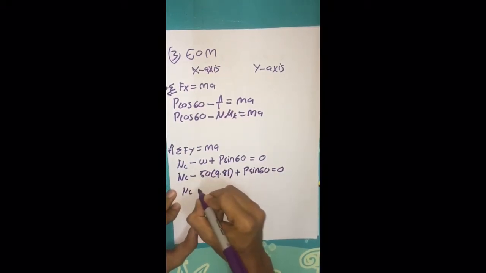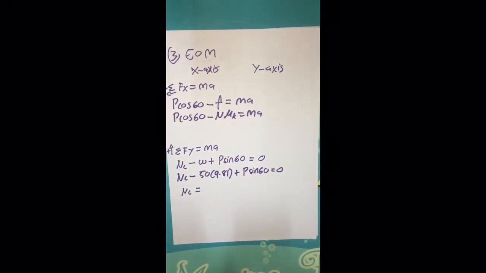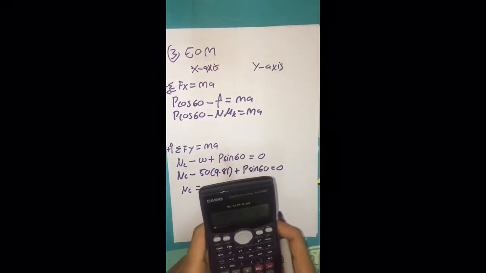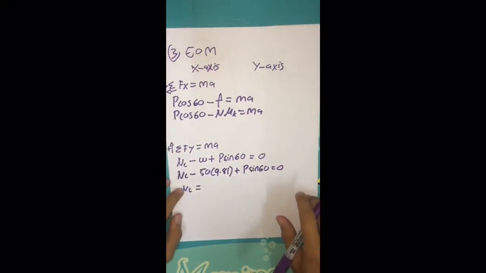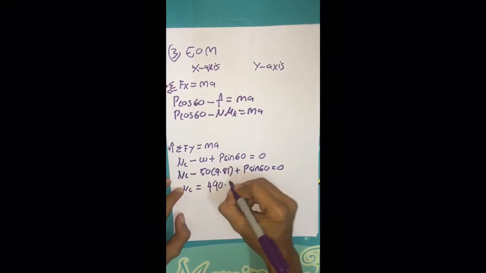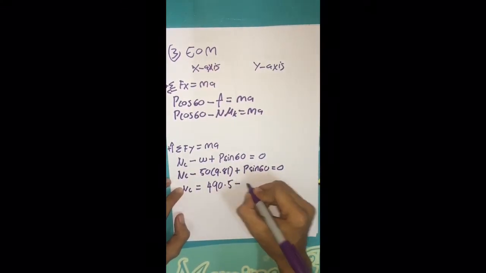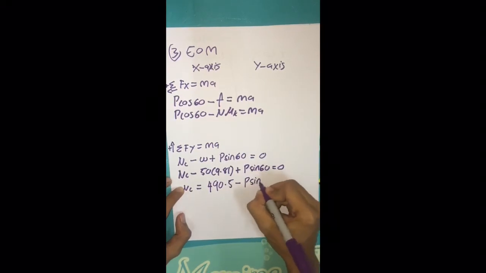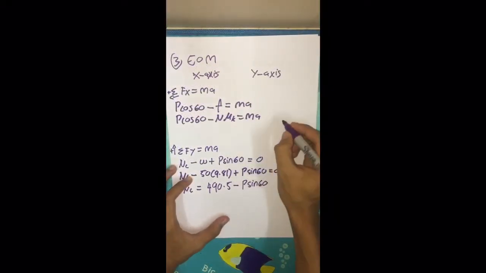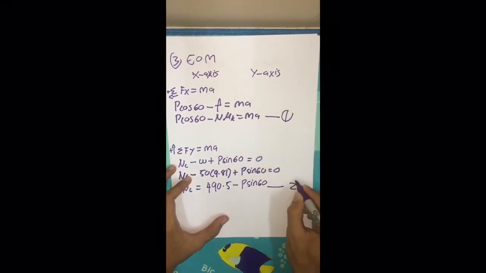And N is equal to 50 times 9.81, which is 490.5, minus P sin 60. So this is equation number 1 and this is equation number 2.